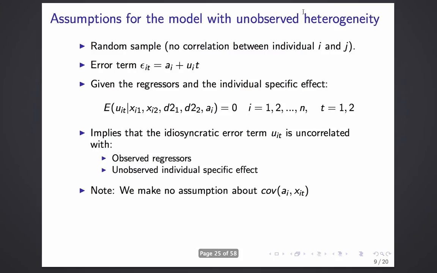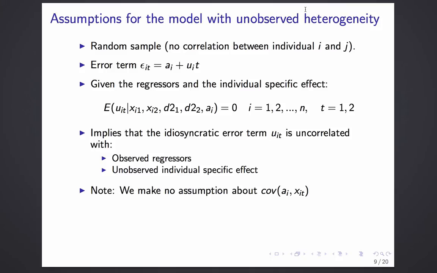Now the important part comes here. Note, we haven't made any assumption regarding the relationship between the unobserved individual specific effect and x, our one regressor. So if we think ai captures something like unobserved ability and x is education, then we're actually allowing for the possibility that ai, unobserved ability, is correlated with x.